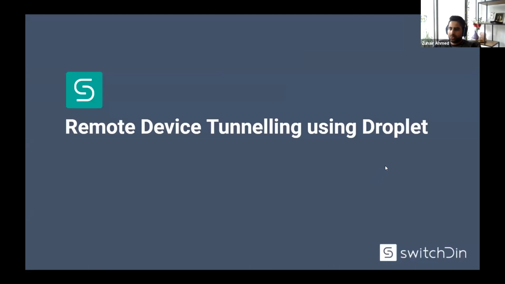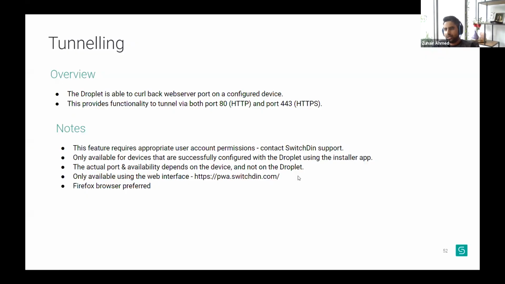All right. Once the inverters are configured, this is a feature that the Droplet enables for end users to remotely access the web server. So it's both port 80 HTTP or port 443 HTTPS. Once the devices are configured on site, the user can access the web server by creating a tunnel from the web application, which is pwa.switchdin.com.